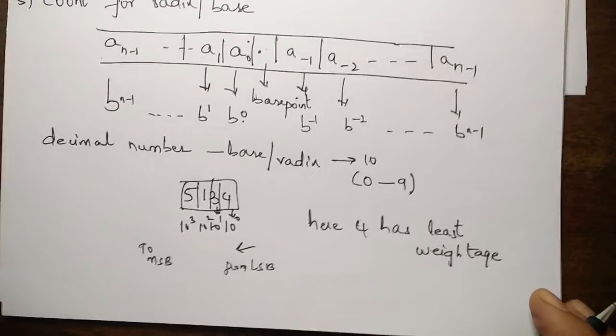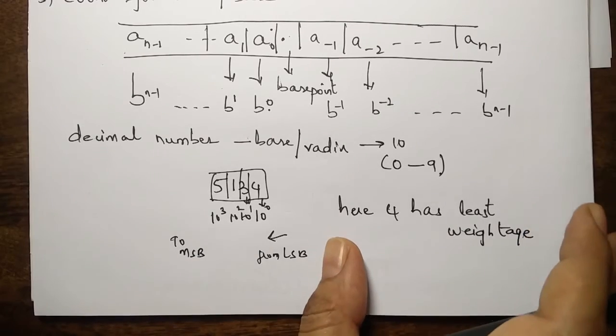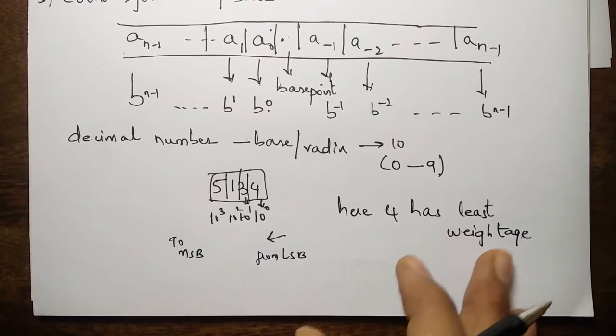So, depending upon the base values, number systems are classified as positional number system and non-positional number system.